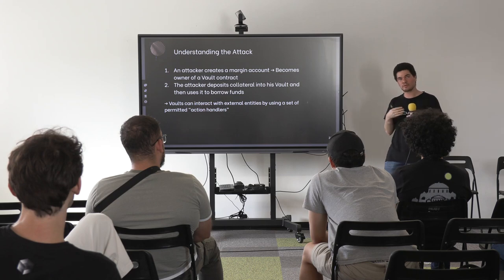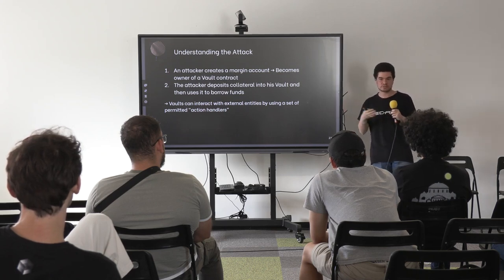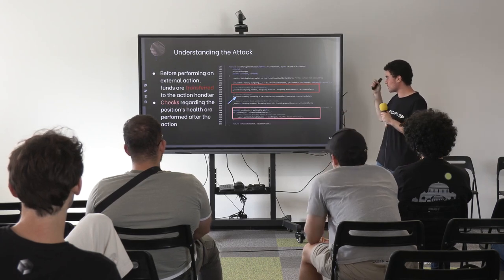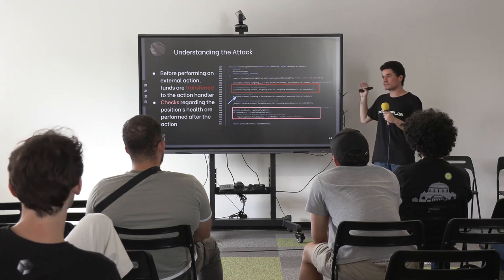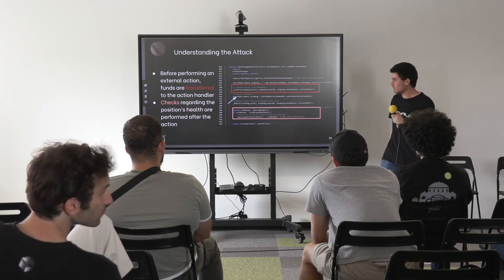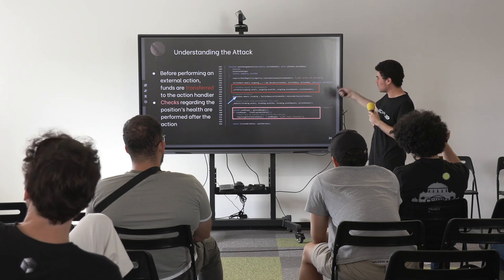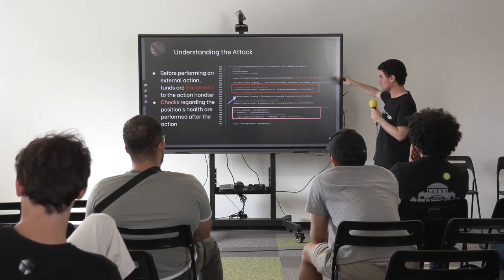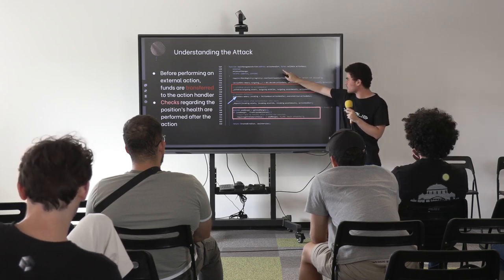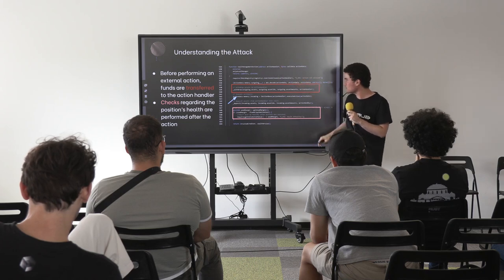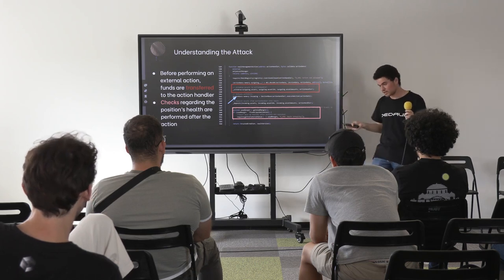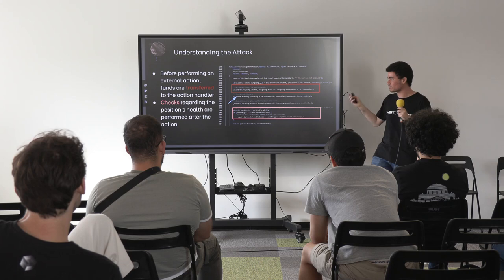So you have to be able to interact with other on-chain entities. And in order to accommodate that, Arcadia allowed for permitted action handlers to be called. So if we take a look at the code without messing with the details a lot, we can see that the user may provide an action handler. The action handler address is being checked because the protocol cannot trust you blindly to be calling into things.